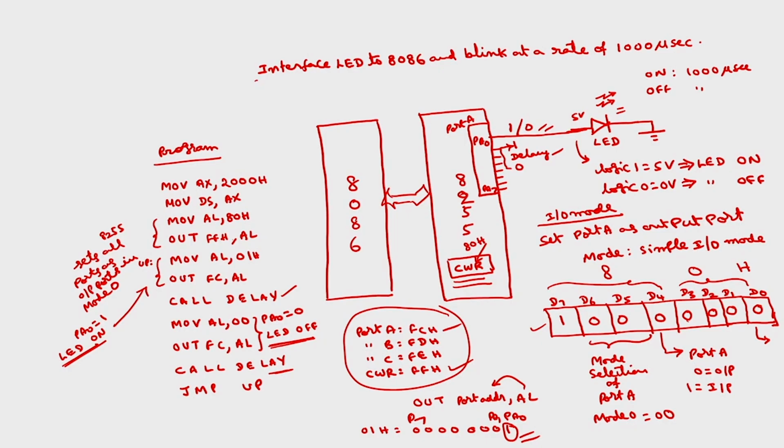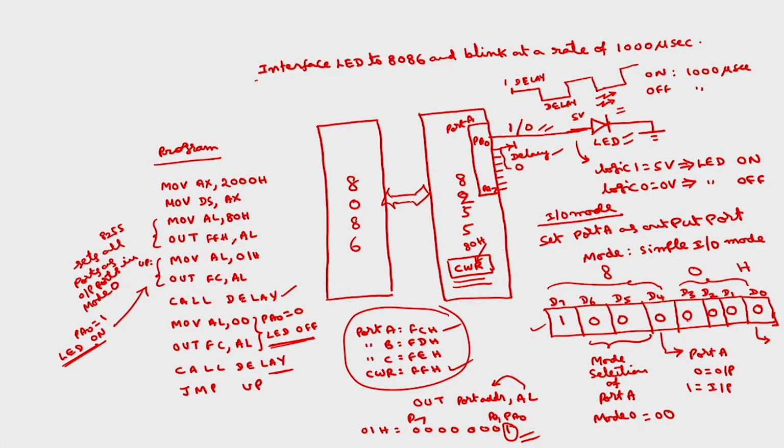Okay. Now how to find out this delay? Even if I want to generate a square wave, it is the same program. Instead of connecting this LED, if I connect to the CRO, because here we are getting 1 for some time, this is logic 1, some delay, then we are making logic 0 with the same delay, and then you are repeating this 1 and 0, 1 and 0, which is nothing but a square wave.